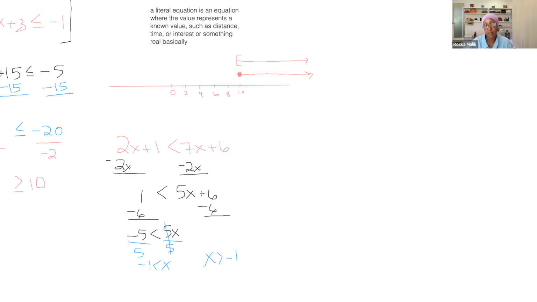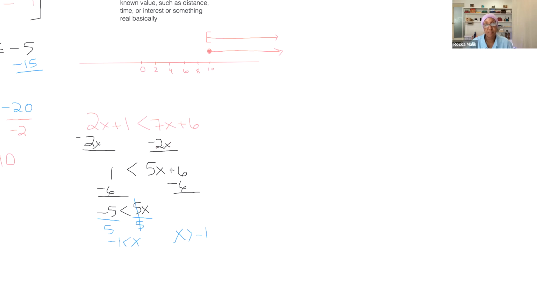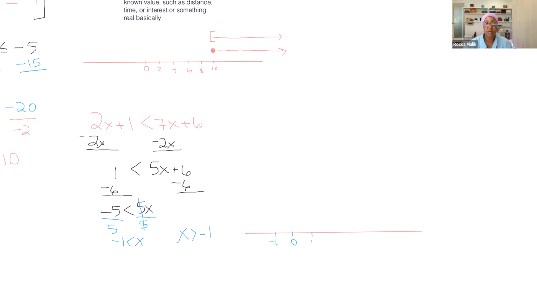Okay, as long as I have the opening side next to the same stuff, the order doesn't matter. So I put it on a line. Zero, -1. X is going to be greater than minus 1.